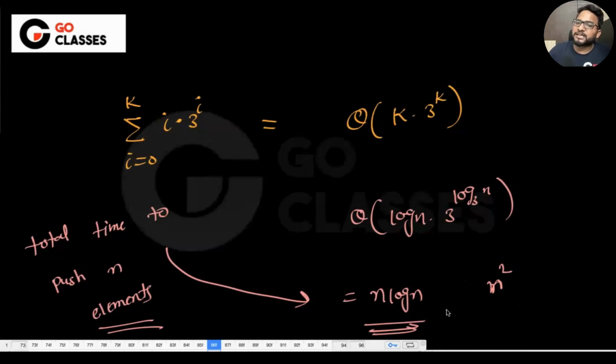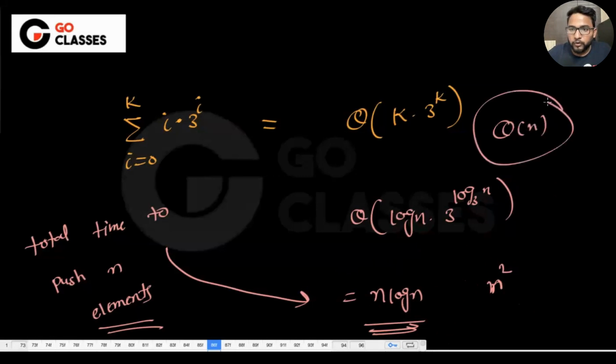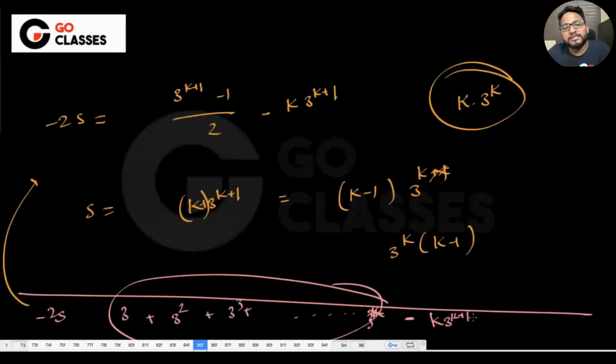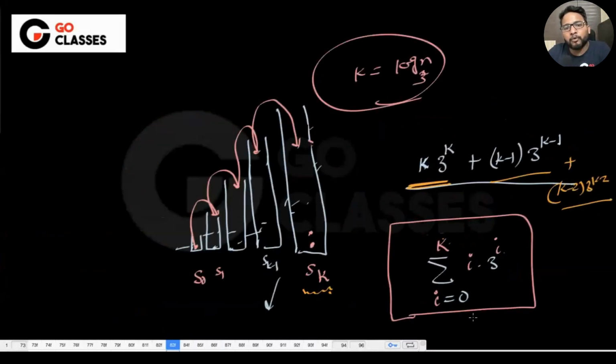And what was the worst case time complexity just to push one element? It was theta of n. Okay. To push n elements, it is theta of n log n. It is not the case that every element is having the order of n. Most of the cost is incurred by which elements? The elements which are in this stack, right?